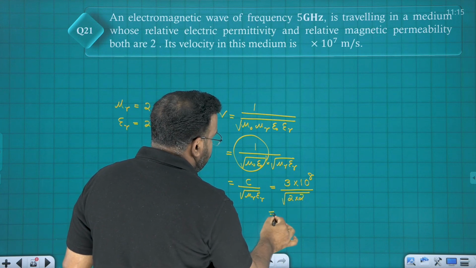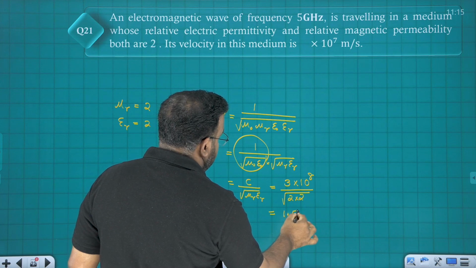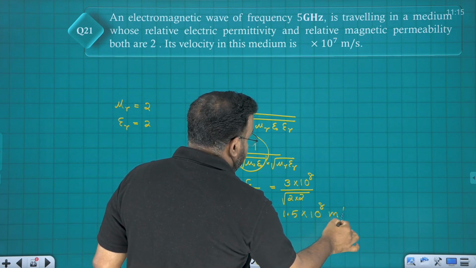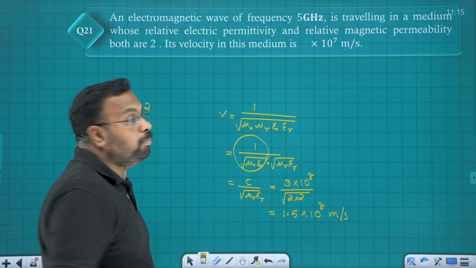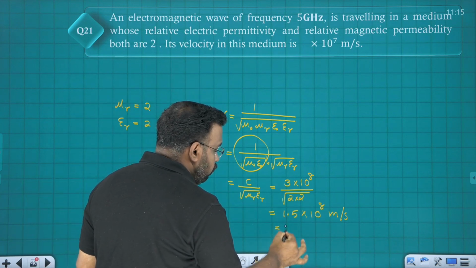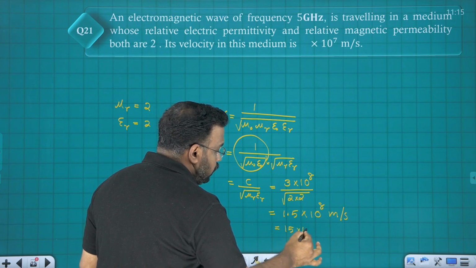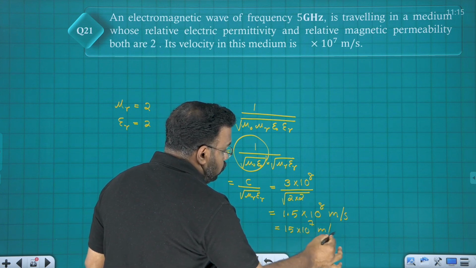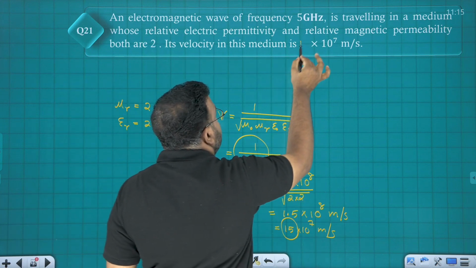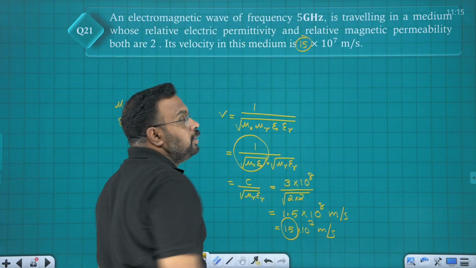So 3 by 2 is what? 1.5 into 10 to the power 8 meter per second. But in the question we need something into 10 to the power 7. So if you are taking 10 here, we get 15 into what? 10 to the power 7 meter per second. So the missing term is what? 15. So the answer for this question is 15 into 10 to the power 7.